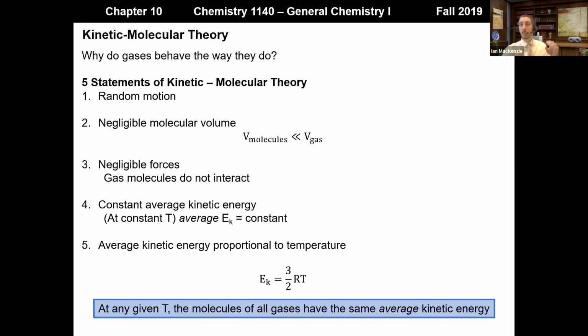So if I have a sample of helium, or argon, or chlorine gas, or sulfur hexafluoride, all of these have different molar masses and different chemical properties, but on the physical property side, if they're all at 25 degrees Celsius, then the average kinetic energy of all of those samples is going to be the same.